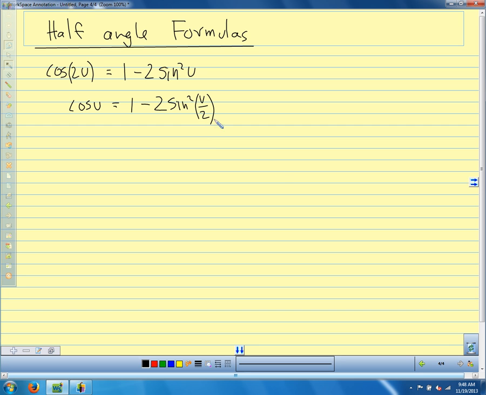Now I'm going to solve this equation for the sine of u over 2. So I add this to both sides, solve for sine of u over 2. I get that the sine of u over 2, the sine of half an angle, is plus or minus the square root of 1 minus cosine u divided by 2.